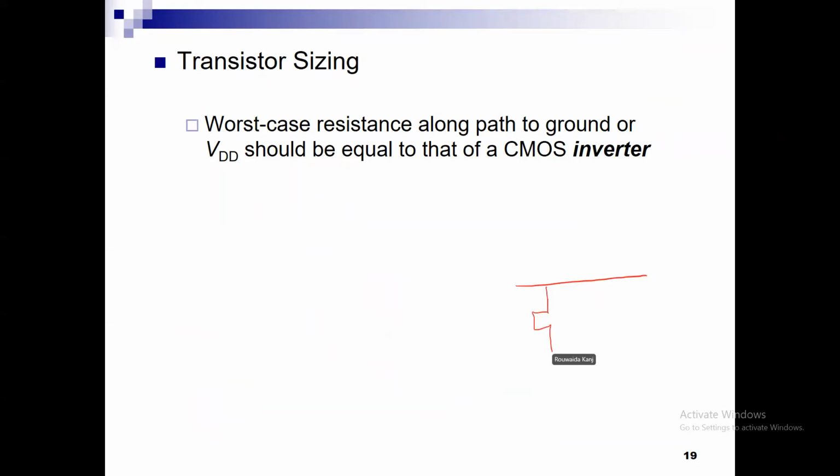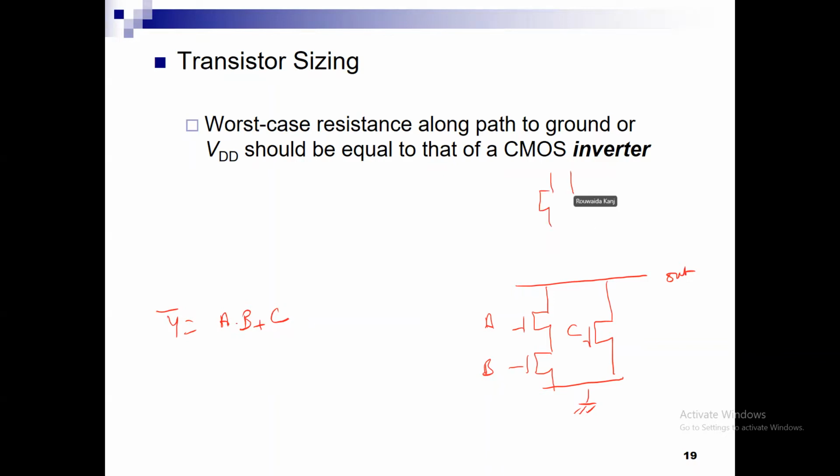It has 2 transistors like this. So this is A, B, C. For this function, this is the output, and I know that Y bar is equal to A times B or C. And then the pull-up network is going to be A or B, and then with C.